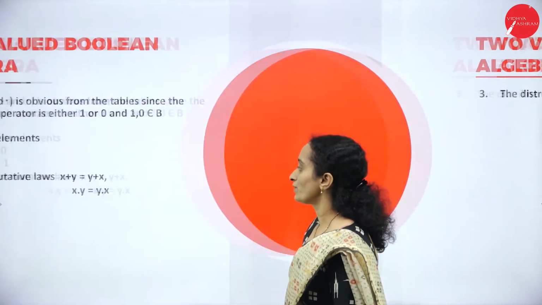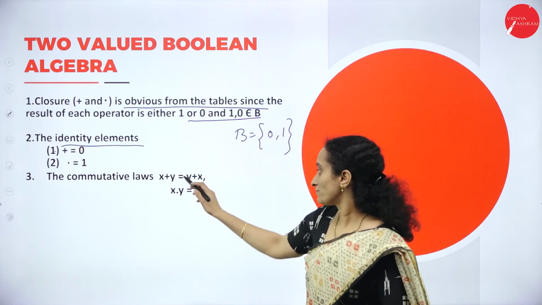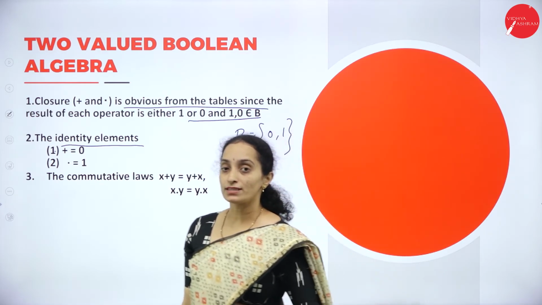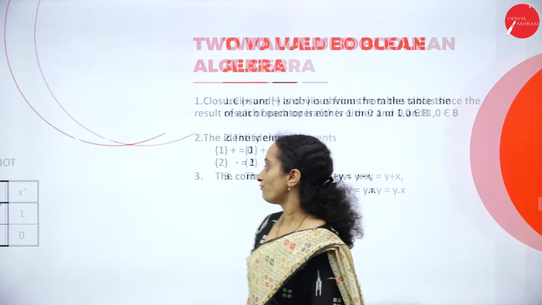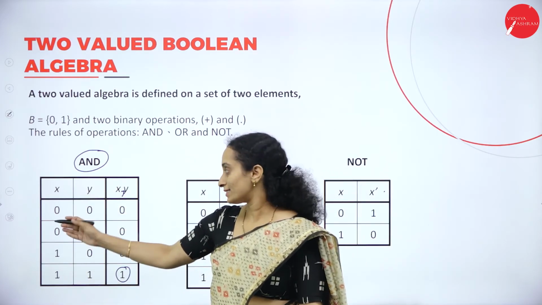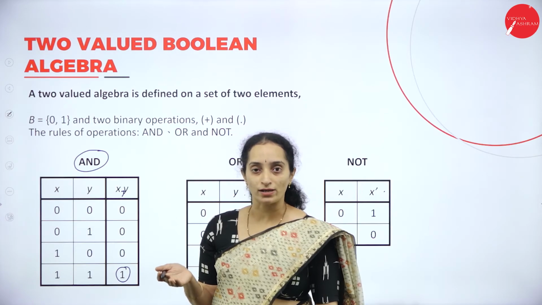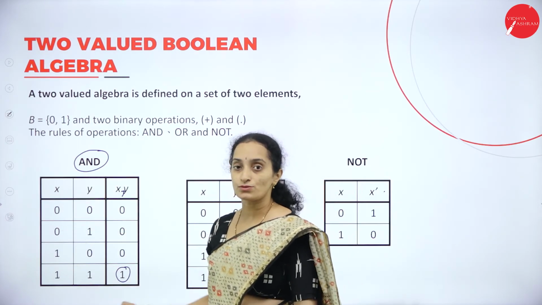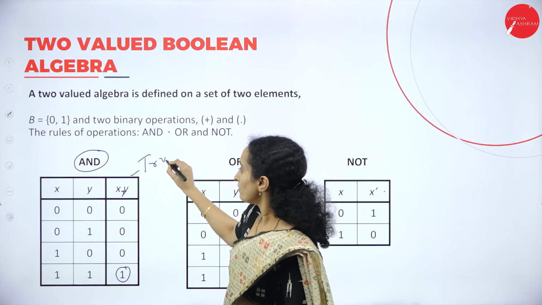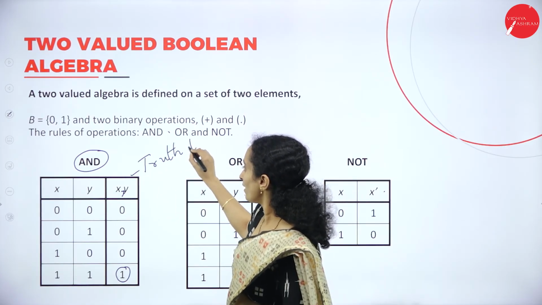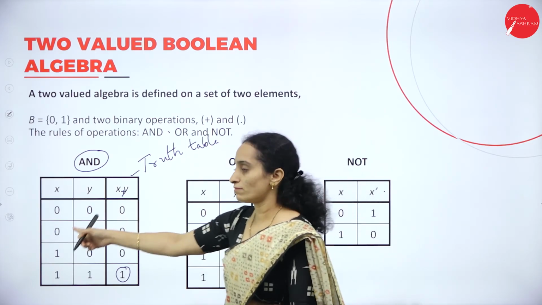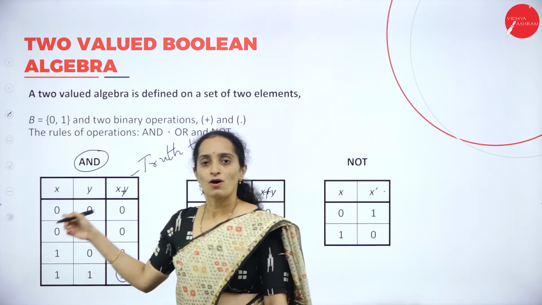Next are the commutative laws. x plus y equals y plus x. When you check with the tables, this kind of table which holds the truth values, either 0 or 1, is called the truth table. This kind of table which involves two values, 0 and 1, is called the truth table because both will be true, either this or this.